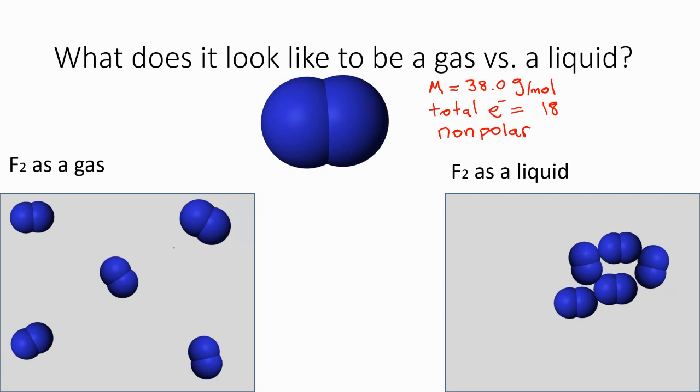On the left-hand side, as a gas, we recall that the molecules spend most of their time by themselves. Yes, they collide with one another, but most of the time they're not near one another. And the easiest way to achieve that, if you remember, is to make sure that those molecules are moving at a pretty fast rate. And that's achieved when the temperature is high. So we expect molecules to exist in the gas phase at high temperatures.